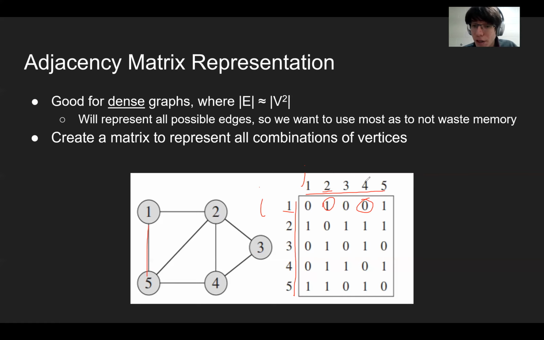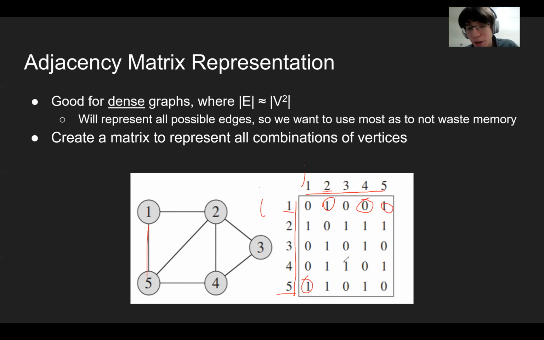But also from 5 to 1, we're expecting to see something. Now remember, if it's directed, that may not be true because it only goes in one direction. But for undirected, it should be symmetric about this axis. Because if I'm connected to this person, then this person has to connect to me because it's undirected.